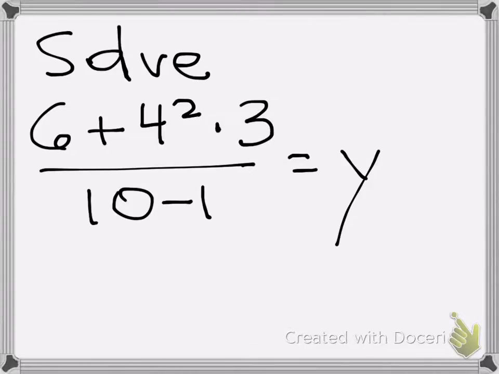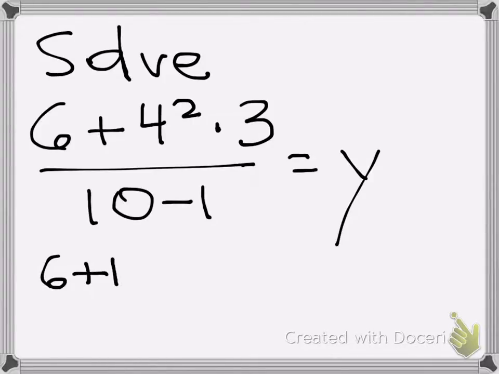Here is more practice with solving using order of operations. When you have a fraction, you need to do the numerator and the denominator first before you divide at the end, since the fraction bar is the same thing as a dividing bar. So I'm going to choose, it doesn't matter numerator or denominator first, but I need to do both. So 6 plus 4 squared times 3. If I do the numerator first, I start with exponents.